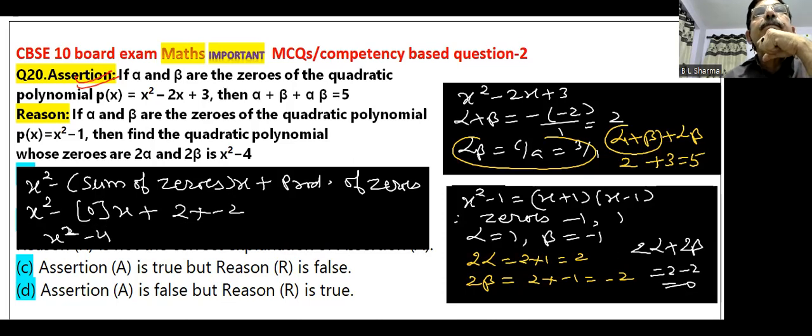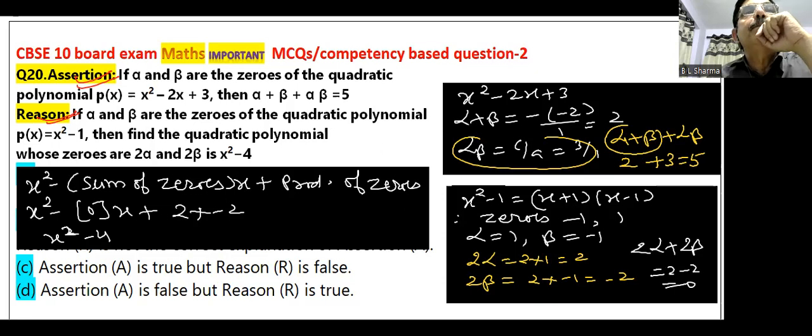यस. तो इसका मतलब ये भी ठीक है. Reason is also right but the reason R is not explaining the assertion. Reason और assertion का कोई लेना देना नहीं है. That is why we can say that both are correct, but the reason is not explaining the assertion.